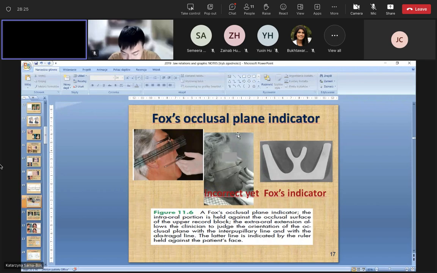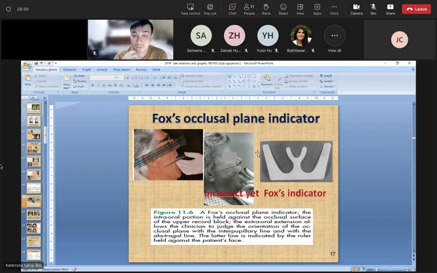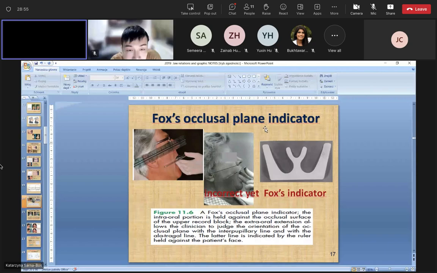The intraoral portion is held against the occlusal surface of the upper record block, and the extraoral extension allows the clinician to judge the orientation of the occlusal plane with the ala-tragal line. The latter line is indicated by the ruler held against the patient's face.